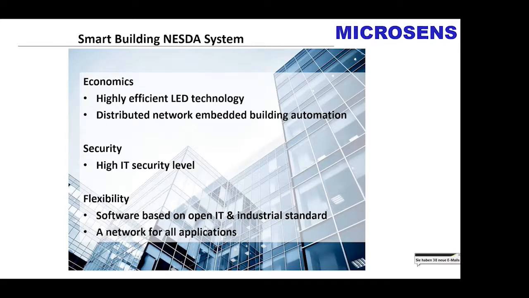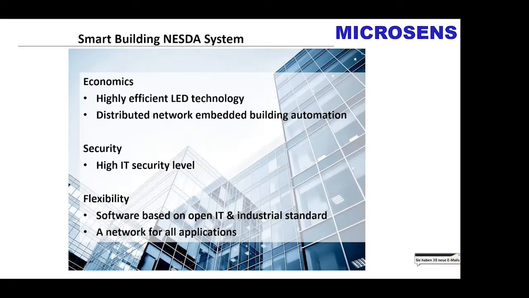In general, if you see it from the top down, we see only a network inside the building, which is doing automation. I think this is, as an approach, quite unique on the market. Microsens has pushed it for the last 5 years, and based on this concept we have also realized projects worldwide.